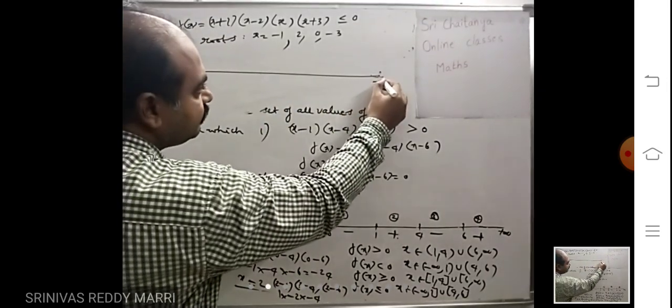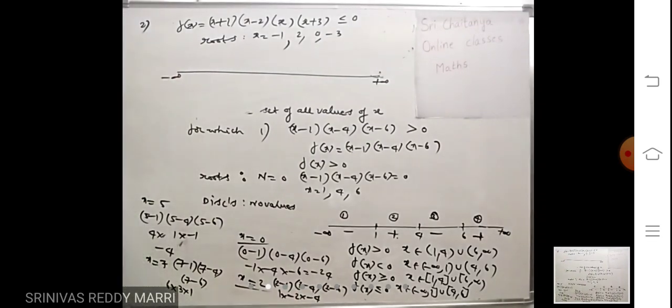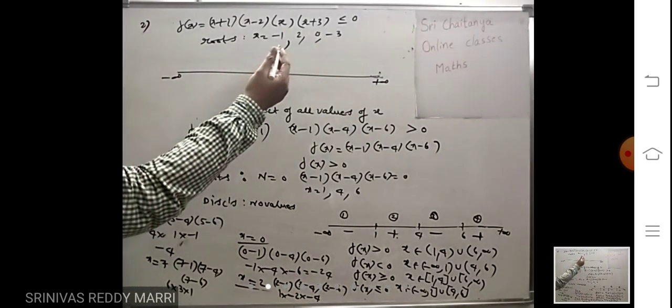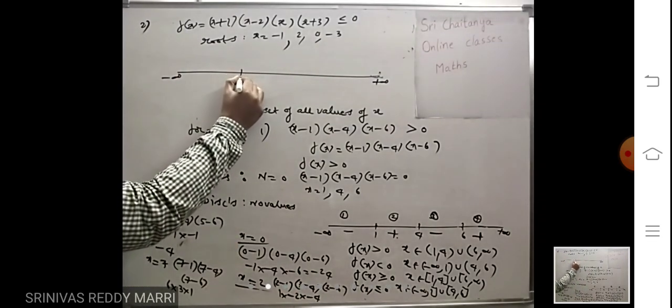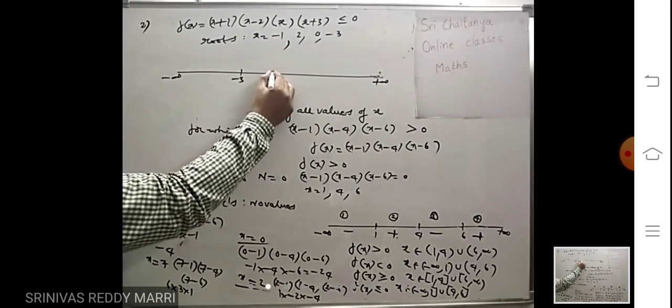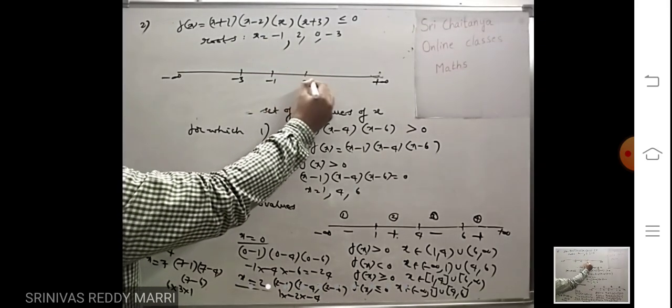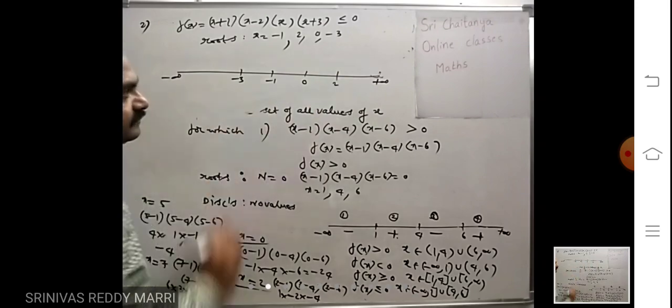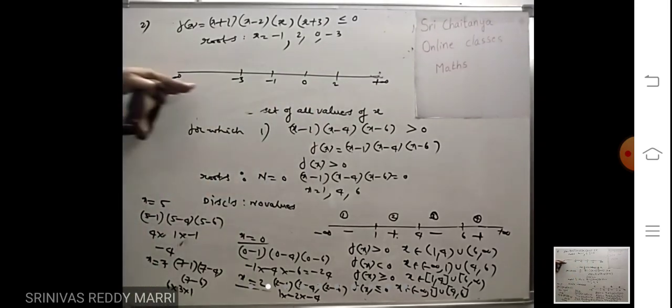Minus infinity, plus infinity. Just mark them. First minus 3, the least, then minus 1, next 0, next 2. Like that, mark them in ascending order on the real number line.